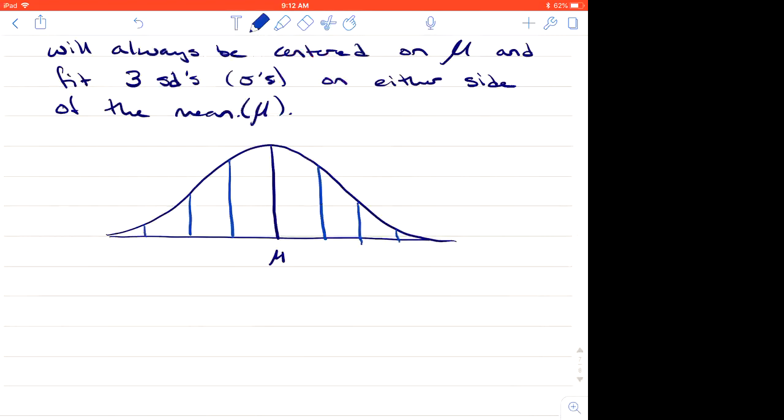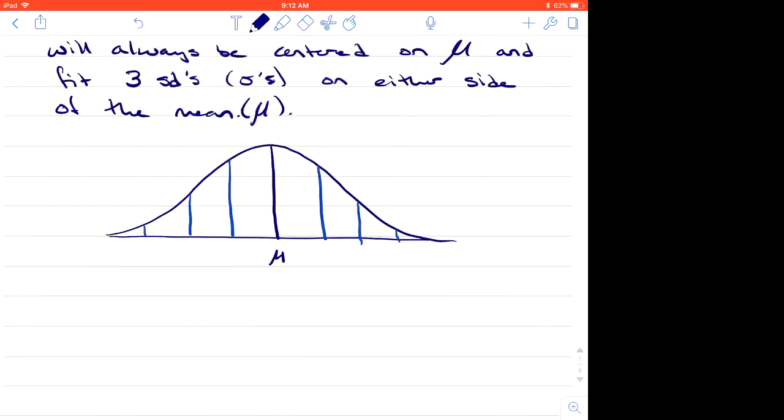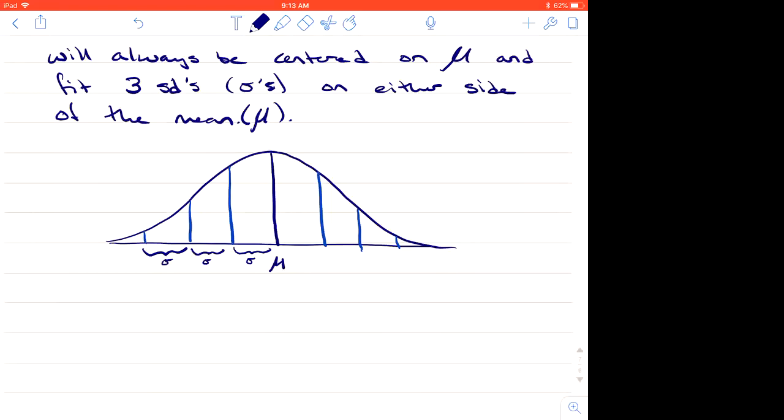Where each distance here is a distance of sigma. 3 standard deviations on either side of the mean, and a little bit.